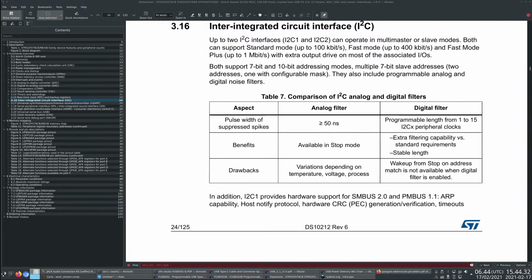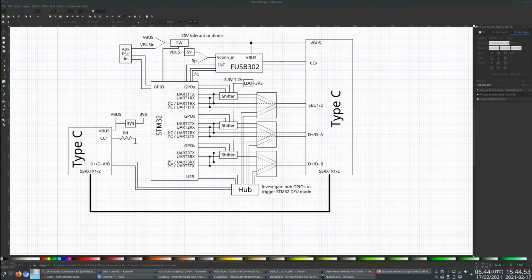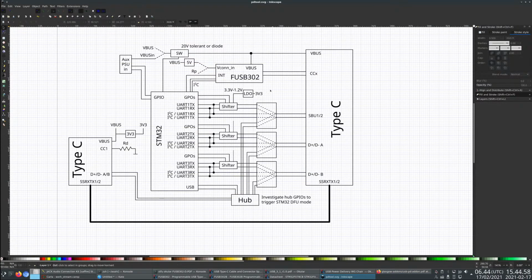Just got a ping somewhere. Not sure where. And yeah, that looks good.